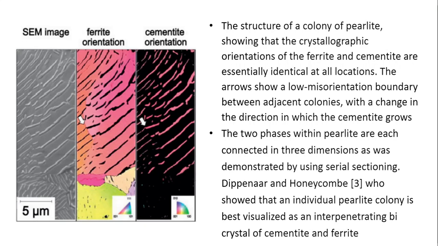The two phases within a pearlite are each connected in three dimensions, and this was demonstrated by Dippenaar and Honeycombe by serial sectioning. According to them, an individual pearlite colony is best visualized as an interpenetrating bicrystal of cementite and ferrite.